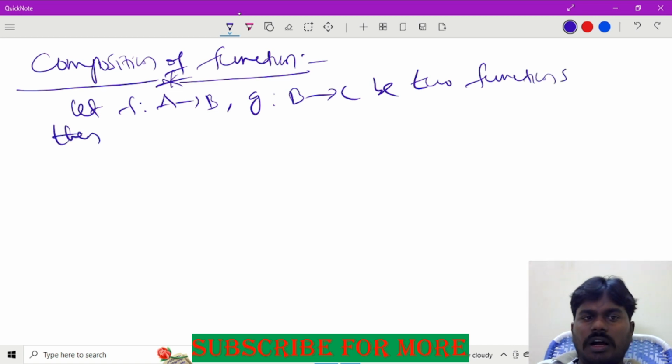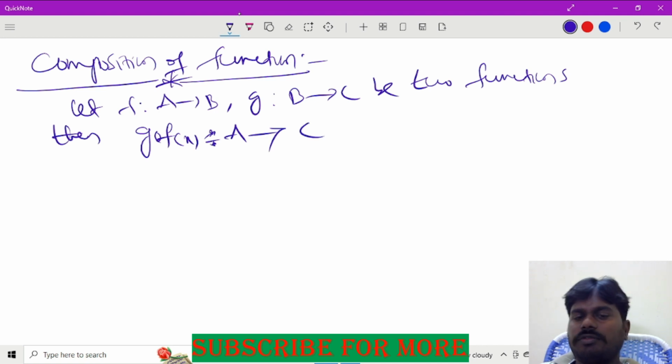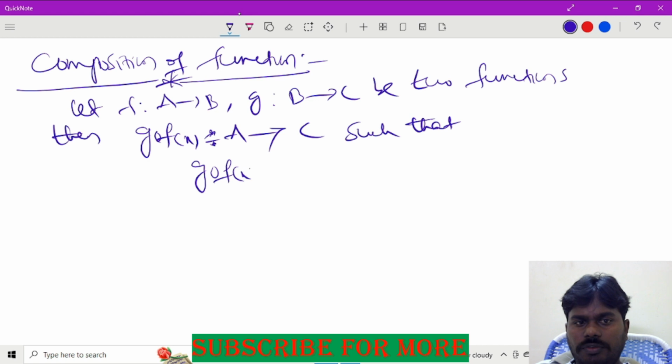Then the composition of the function is denoted by g circle f of x, and this is defined from A to C such that g circle f of x is equal to g of f of x.